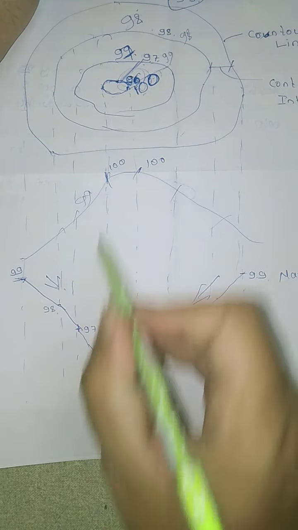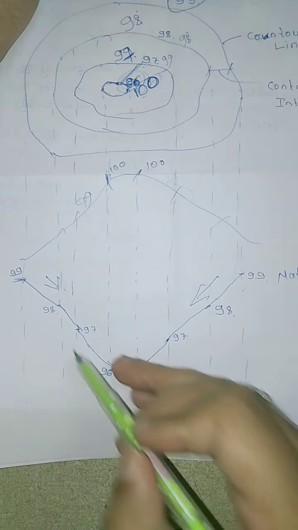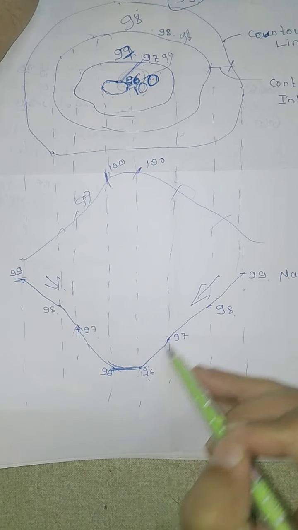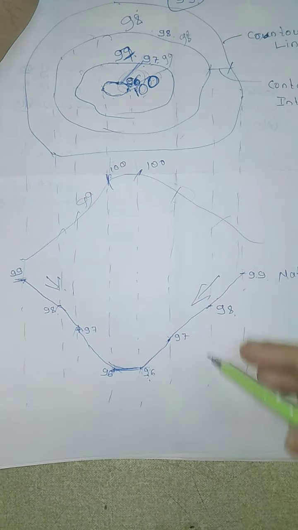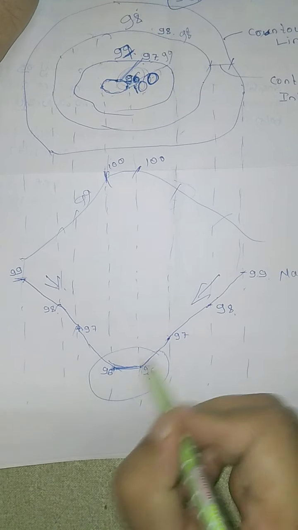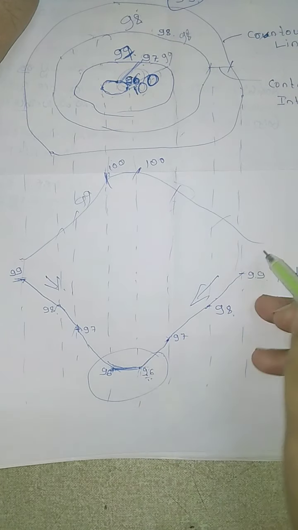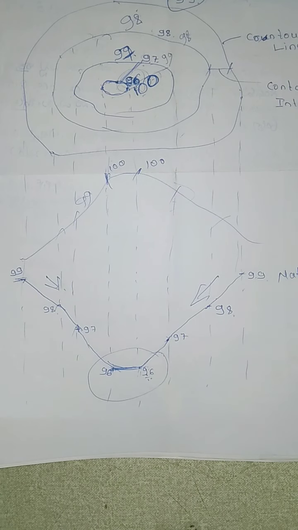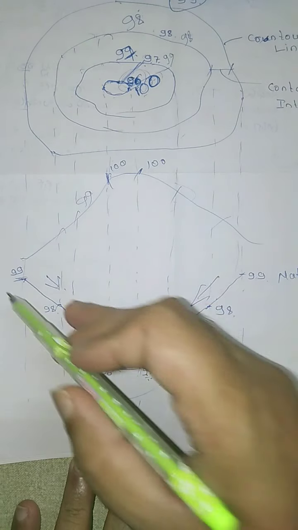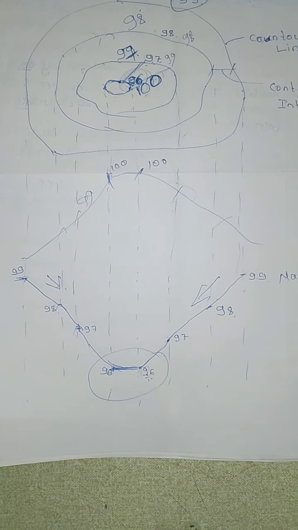Then 97, we have drawn a line, then 97 is higher than 96, so we have marked a point, then we have joined 98. Then we have marked and joined 99. So this 96 is at a lower elevation than 99, so it represents that it is having a valley. So this is how your contour is going to help you determine what kind of nature of the area is there.